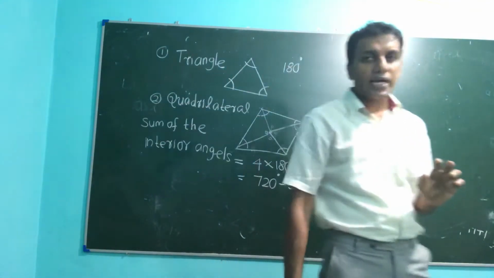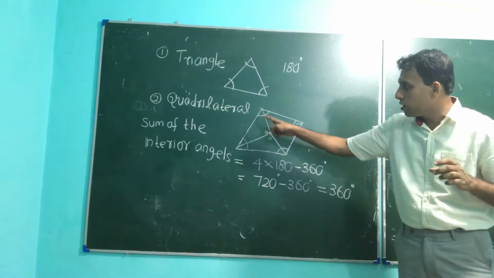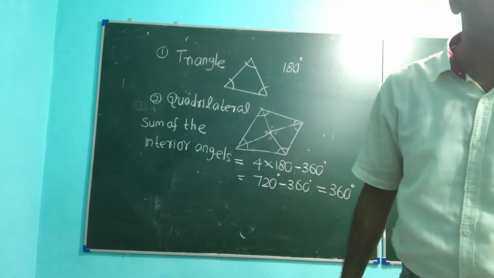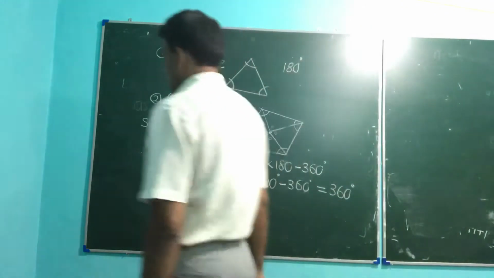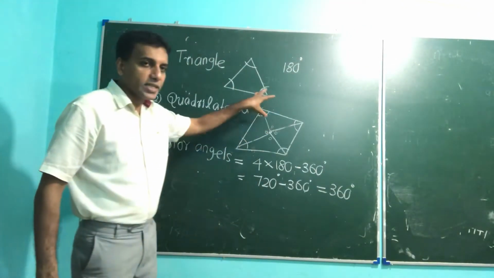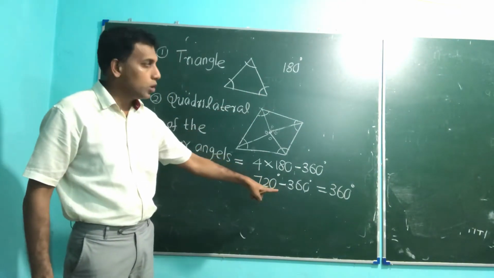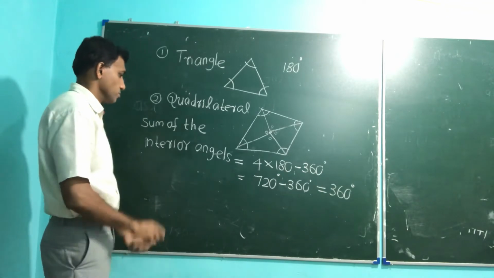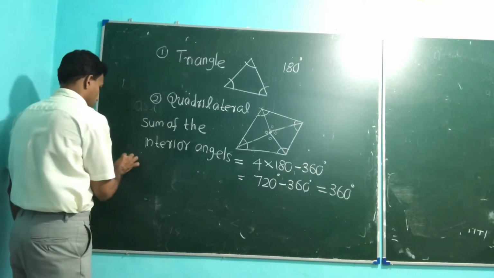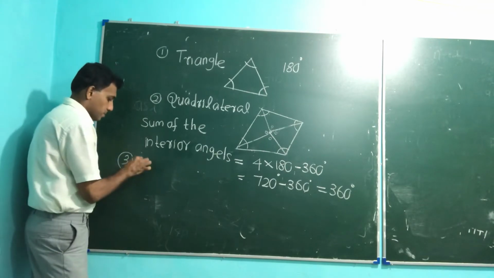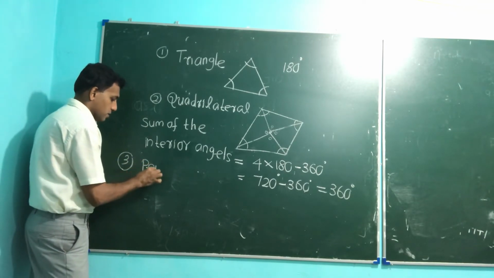In a quadrilateral, summing all the 4 angles, 360 degrees. Adding all 4 vertices angles is equal to 360 degrees, right? Copy these things, right?